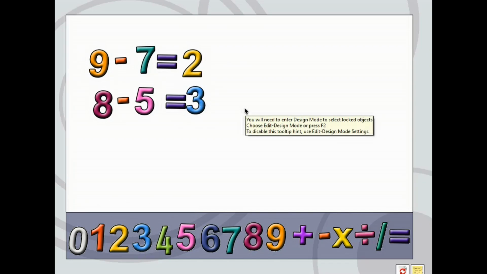This is how you can represent subtraction by using this diagram.